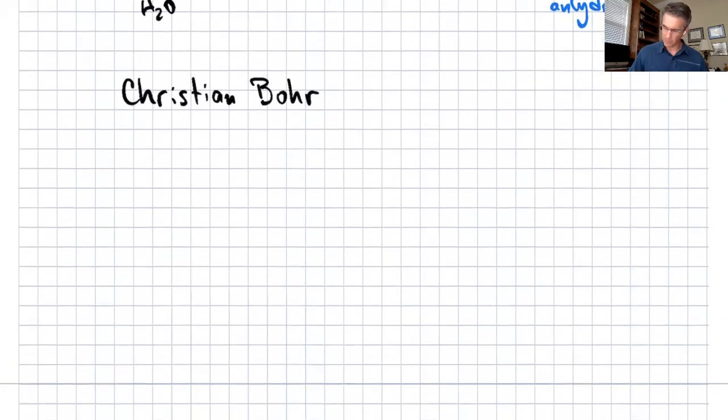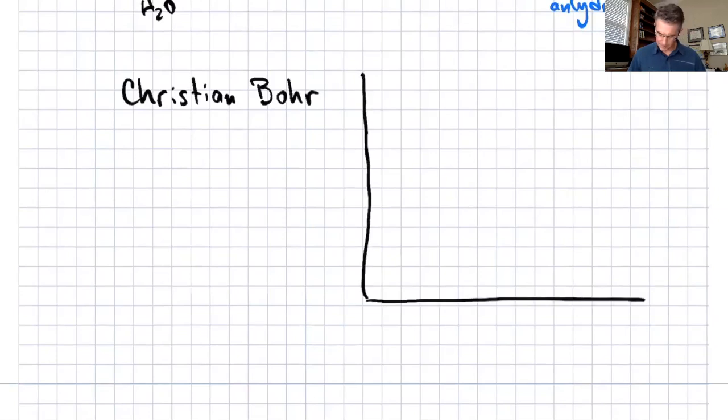And what Christian Bohr figured out was that the binding of oxygen to hemoglobin made it a better acid.